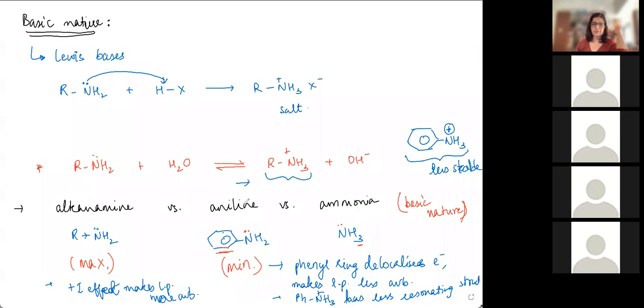And ammonia is between both of them. Take that as a standard because hydrogen is kind of neutral. Then you add an electron donating group because of the plus I effect, and it increases the basicity. And instead of hydrogen, if you have a phenyl ring that engages the electrons, it delocalizes electrons, pulls them within the ring itself, so it makes them less available, so basicity decreases.